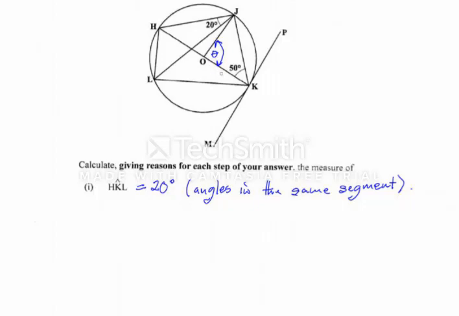Well, I observe that OJ and OK are radii of a circle. Therefore, triangle JOK is an isosceles triangle. O would be the apex, and JK would be the base, and the two base angles of an isosceles triangle are equal. So if this is 50, this is also 50 here.